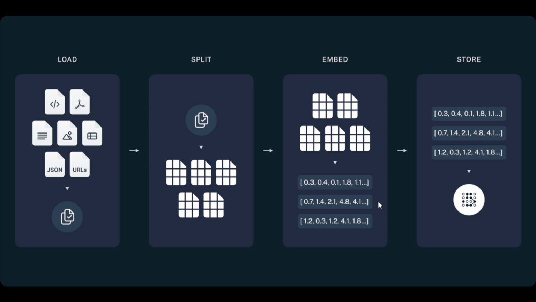After converting the data into numerical form, we have to store it as vectors. You can store it in RAM, or you can store it in a storage device. In this video, I'm going to store it in storage, in the form of a file, from that vector database.